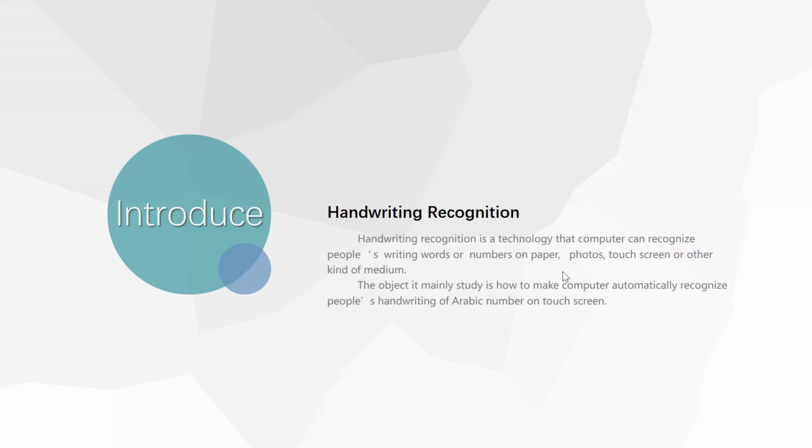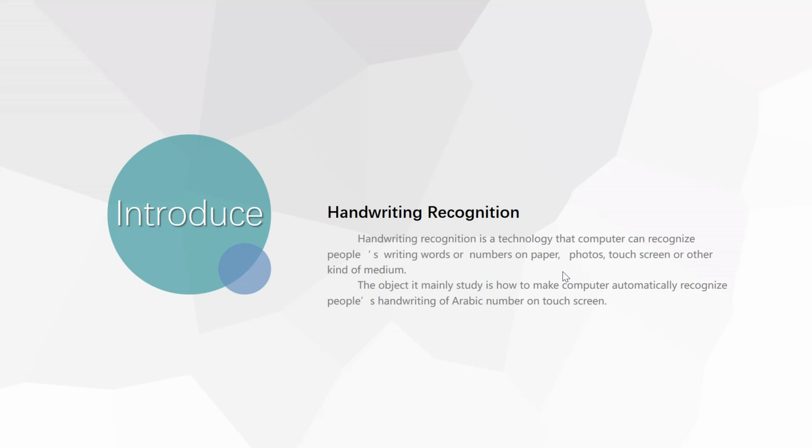Okay. So the first part is the introduction to handwriting recognition. Handwriting recognition is a technique by which a computer can recognize people's written words, numbers, Chinese characters, or characters of different languages on paper, photos, touchscreens, or other kinds of media.